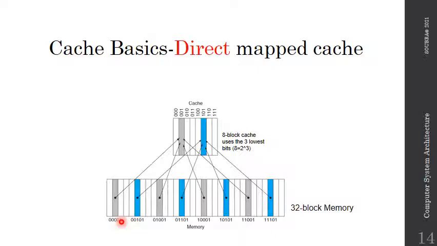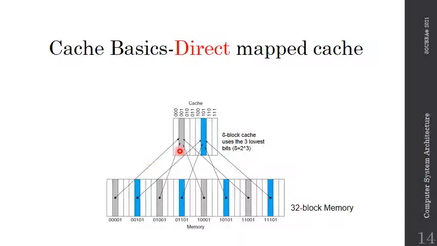Well, someone noticed that, and good for them, that 1 modulo 8 is 1, and 8 is the size of the cache here, right? 9 modulo 8 is 1, again. 17 modulo 8 is 1 as well, and 25 modulo 8 is 1 as well.